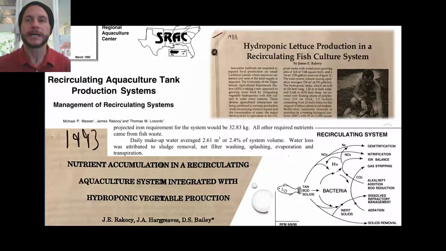We see traditional news type articles, like that 1988 article. And we also see regional aquaculture centers or regional agricultural stations producing bulletins and newsletters. So the SRAC article on the top left helps illustrate what something like that might look like.